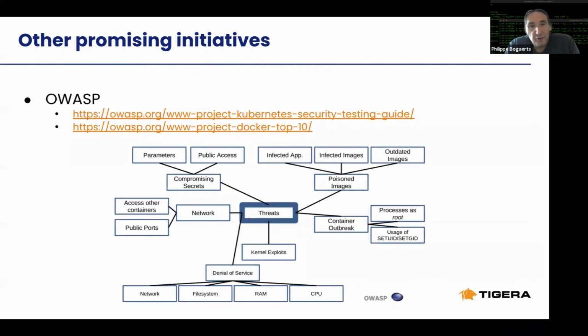There are a few cool projects that I think are worth mentioning. There is one which is in progress. It's very early, but it's a project about pen testing and testing Kubernetes. I think it's very valuable, but it's a small project that's going on. The one which is way more advanced is the Docker Top 10, which in the context of Kubernetes will only cover, of course, a smaller part, but it's way more focused towards containers and the threats associated with containers.